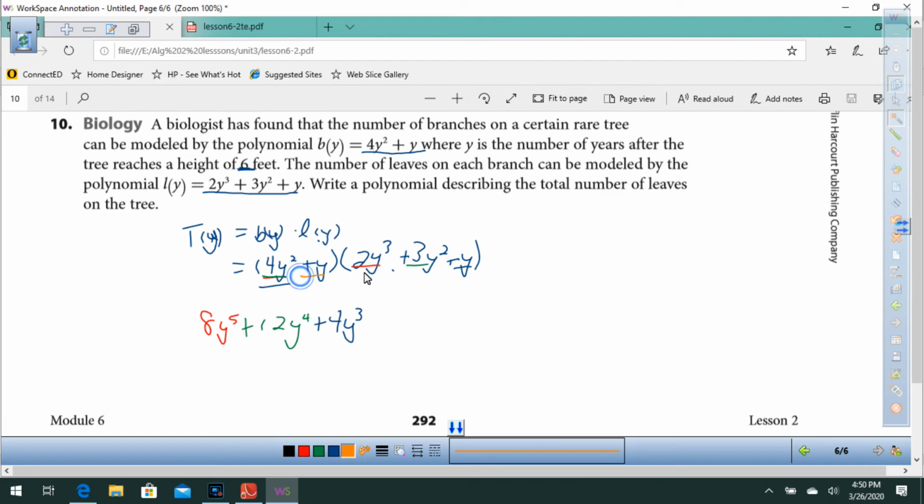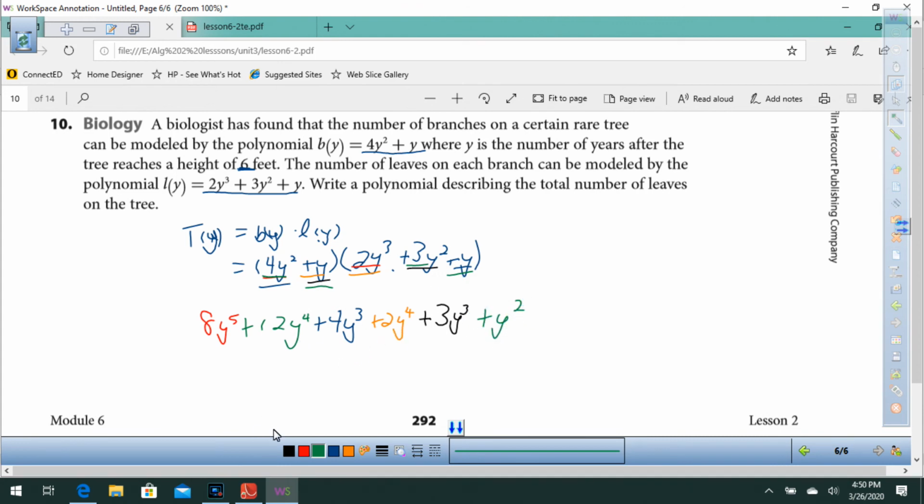Now y times 2y cubed would be plus 2y to the fourth. Y times 3y squared, that's going to be plus 3y to the third. And then y times y would be plus y squared.